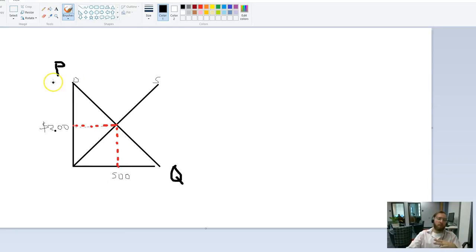What does that mean? So all of these are the people that would be in the market for buying widgets, whatever it is. They're buying a cup of coffee. If Starbucks charges $2 for a cup of coffee, they're going to sell 500 cups of coffee. So these are all the people that would buy a cup of coffee from Starbucks.